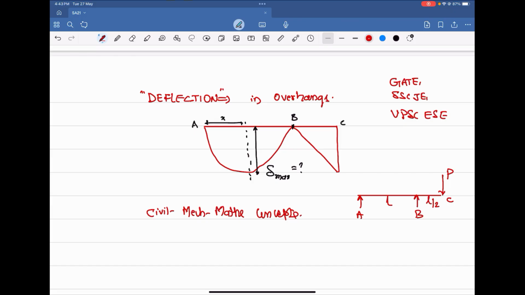And they have asked us to find the deflection under point load C. At point C, under point load. Many people have gone wrong, have seen somewhere, and the answer will be 1 by 27 PL cube by EI.